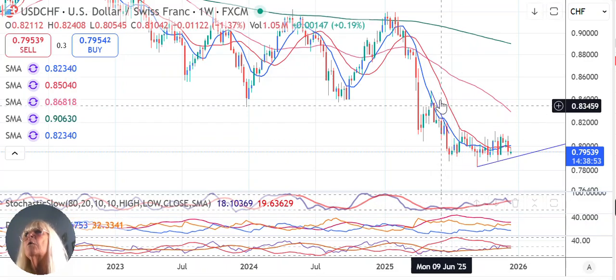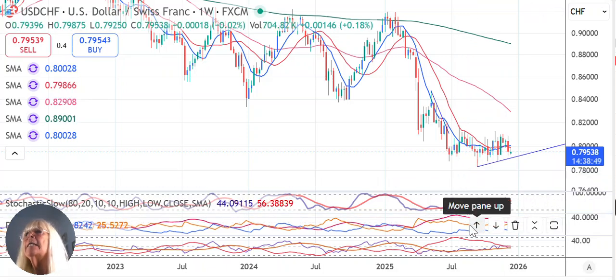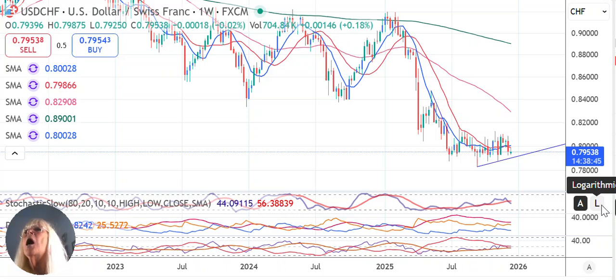We were oversold because of this large move down, and the market hasn't actually got to overbought levels before turning lower.